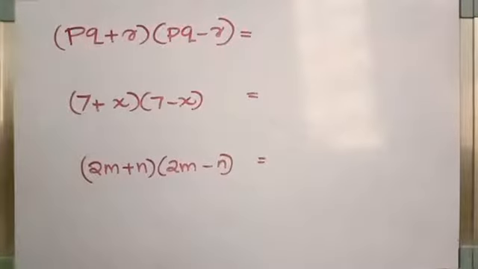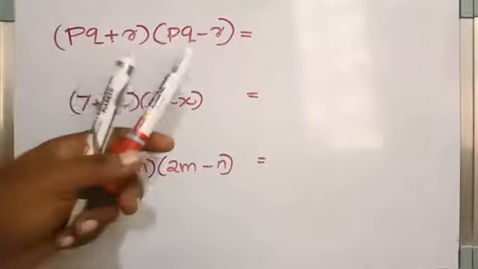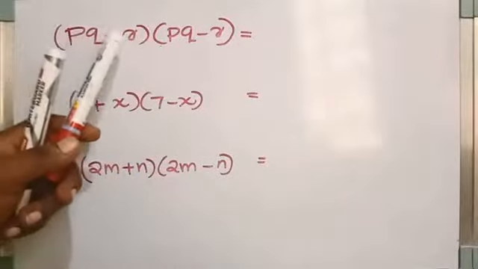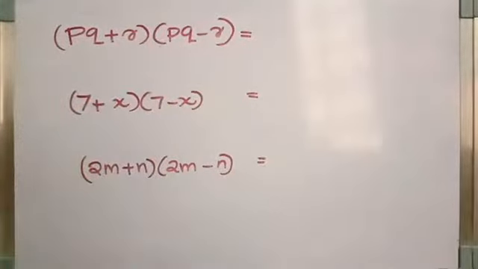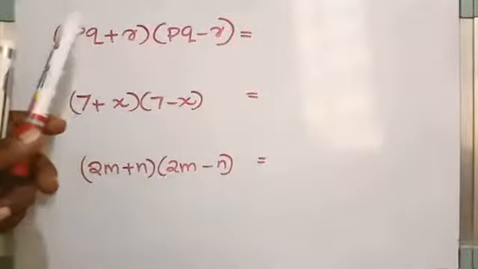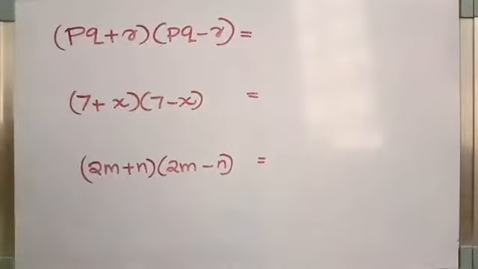Look at these questions. Before doing expansion, you have to be very clear about the terms. Is it in the form we learned now? It's like (PQ plus R) into (PQ minus R). See, identical terms are added and subtracted.